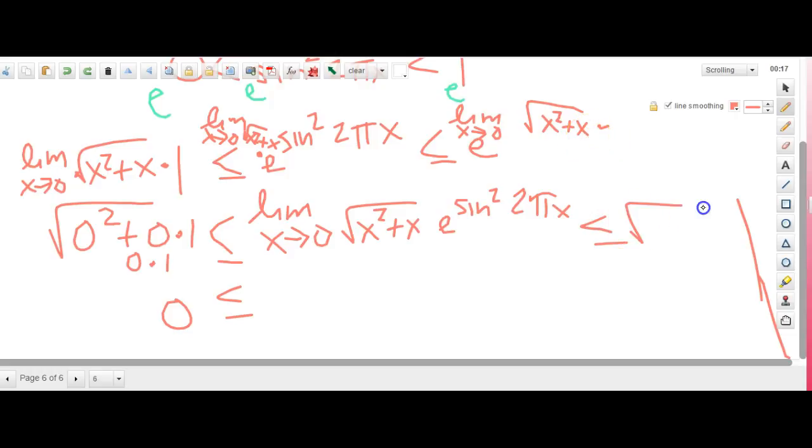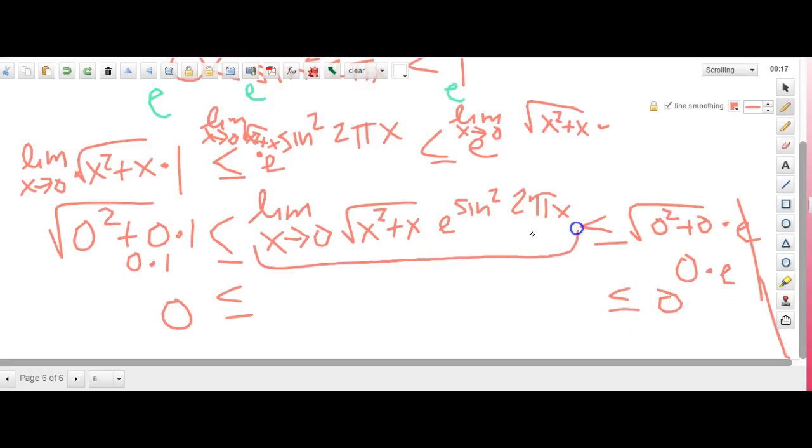So we have square root of 0 squared plus 0 times e. Well, still, this whole thing becomes 0, and 0 times e is still 0. So this whole function gets squeezed between 0 and 0. So this limit is equal to 0. This whole limit equals 0 now.